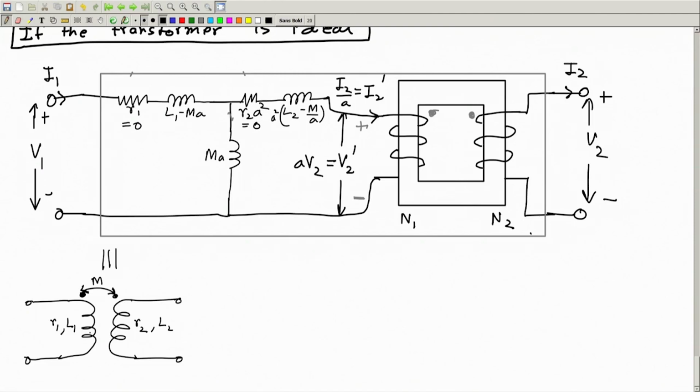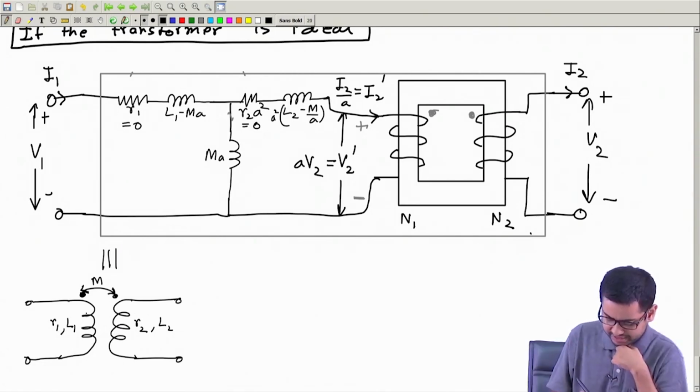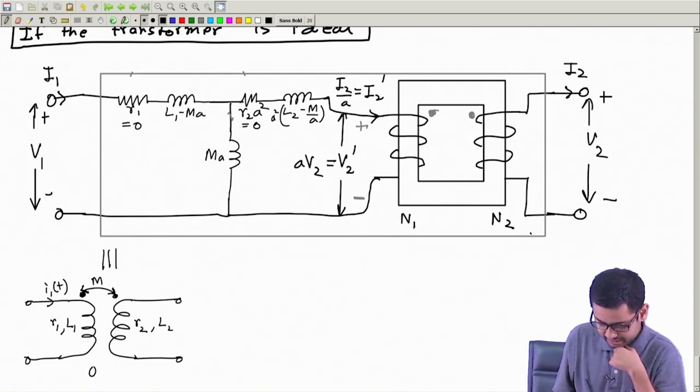Now if I have say very high permeability core material, then all the flux that is created will link through the secondary coil. If current I1 is flowing, it will create a flux phi 1.